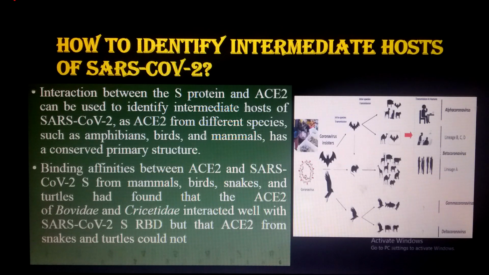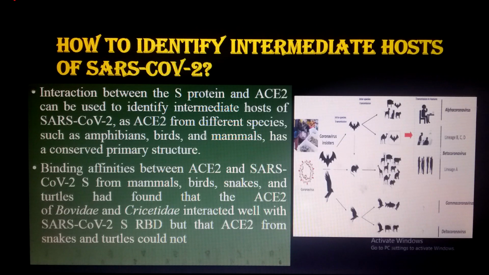But keep in your mind, as you can see here on the slide, the binding affinities between ACE2 and SARS coronavirus 2 from mammals, birds, snakes: it was found that the ACE2 of the bovids, which are buffaloes, cows, etc., mammals, and the cricetids, which are rodents, are similar, but the ACE2 from the snakes and turtles could not.